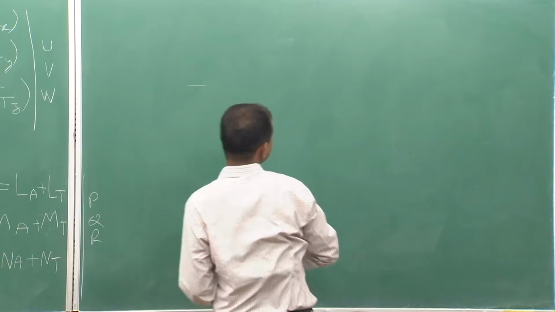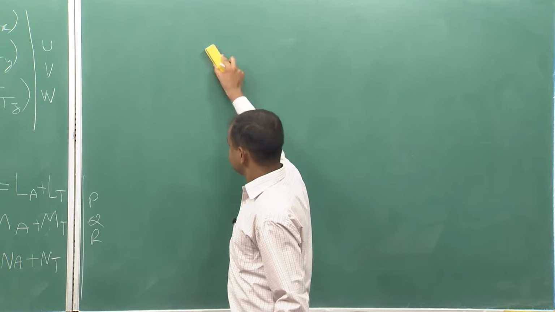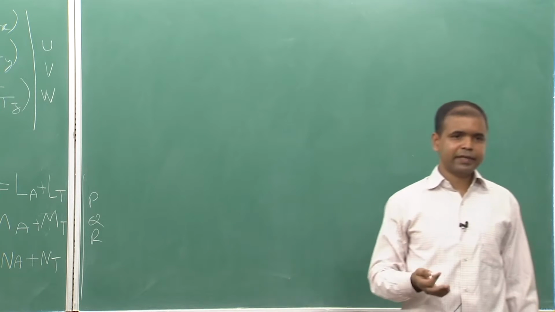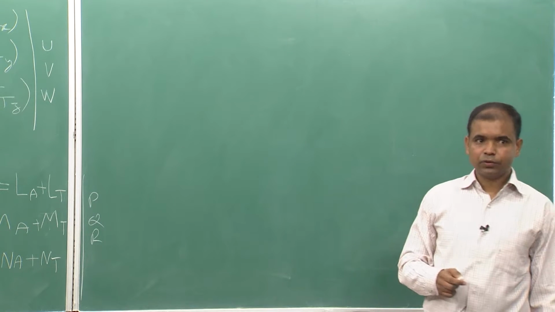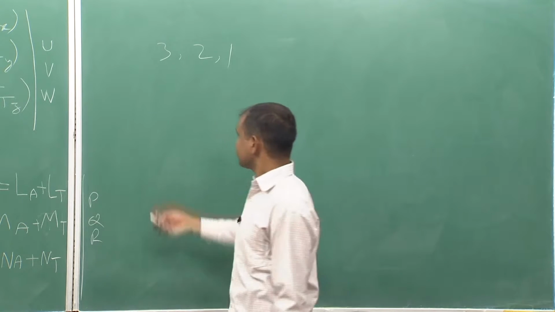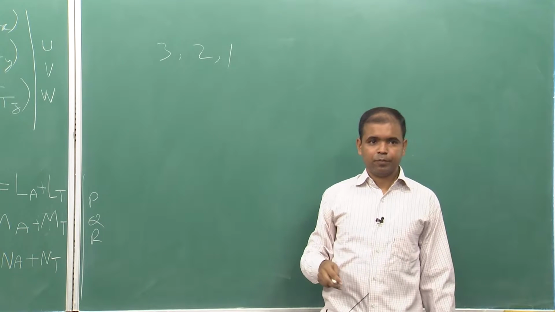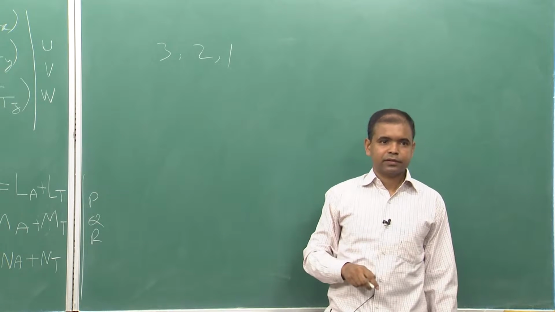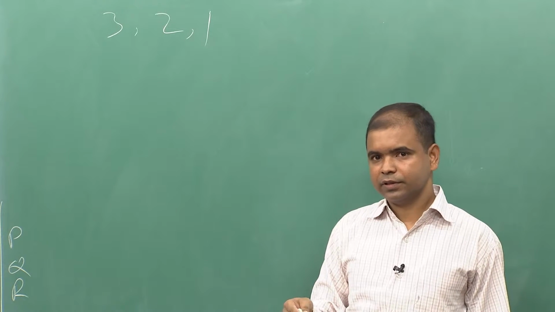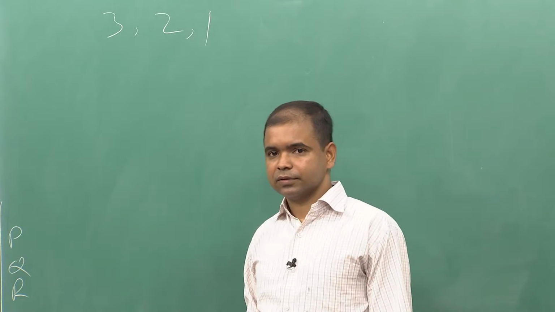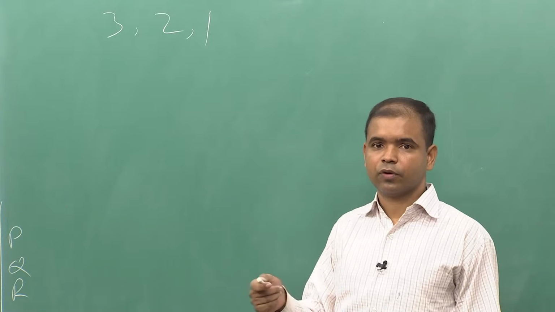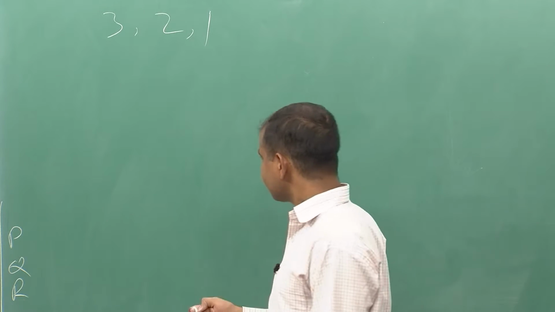We can reach from one frame to another frame with the help of 3 rotations, and there are many types of rotations used, but in Euler we use this sequence of rotation 3, 2, 1. First we rotate our frame about the z axis, then the new y axis which we got after the rotation about the z axis, and lastly we rotate our frame about the new x axis which we got after the second rotation. Let us see it.